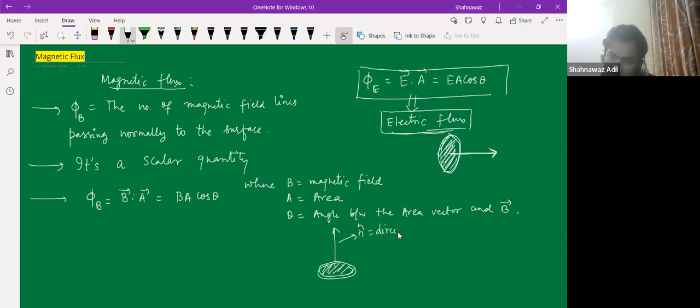If you are looking at a screen, the perpendicular normal ray from that screen represents the direction of the area. So this is the direction of the area vector.